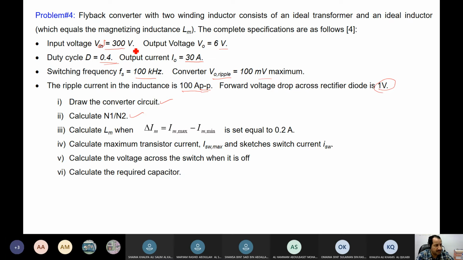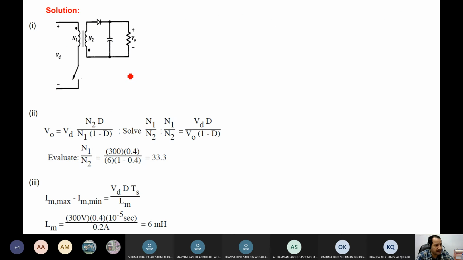I have D, I have input, I have output, I have formula, right? I can substitute to find turn ratio. Let me take them one by one. Okay. Now the circuit is easy to plot. You see here, this is my transformer, and this is the switch, the diode, capacitor, and my load.